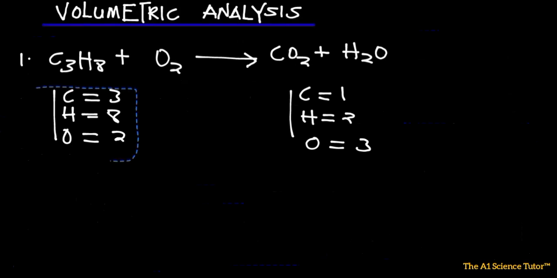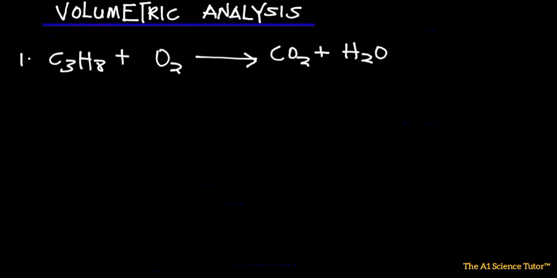So what we need to do is bring it back to a point where we have the same number of atoms for each element on both sides. So let's start with the first element, that is carbon. We have 3 atoms of carbon on the left hand side, but on the right, we have 1. So basically, we just want to increase the right hand side. We need to make 3 moles of the carbon dioxide so that we can obtain 3 atoms of carbon on the right hand side.